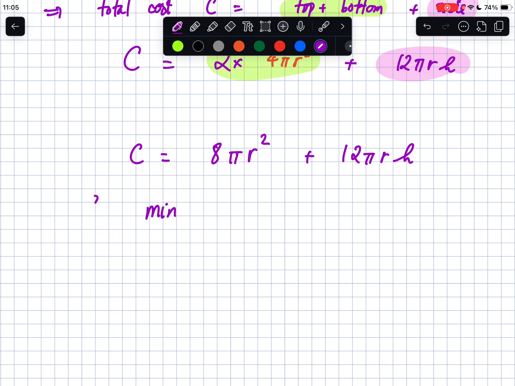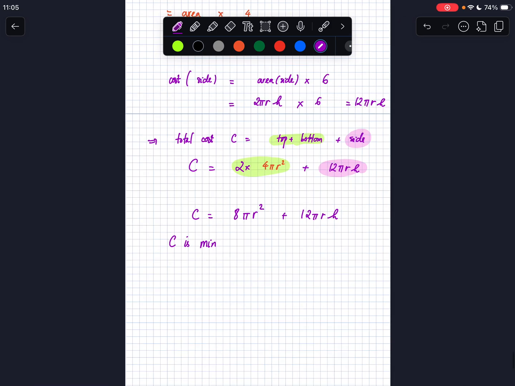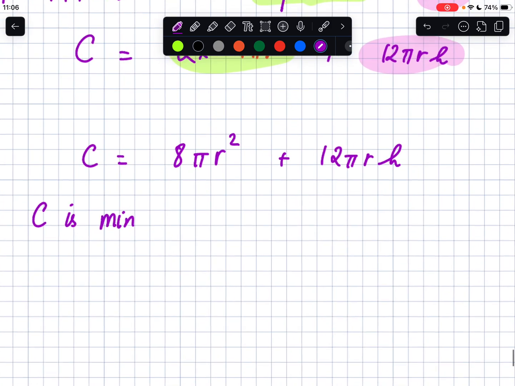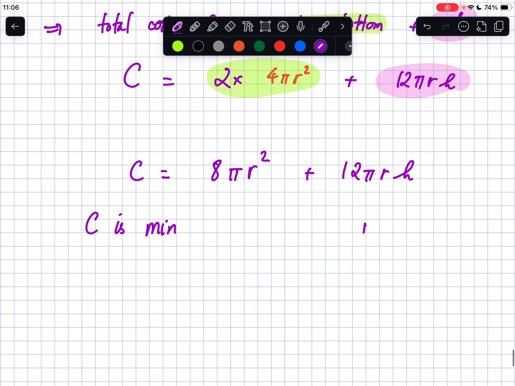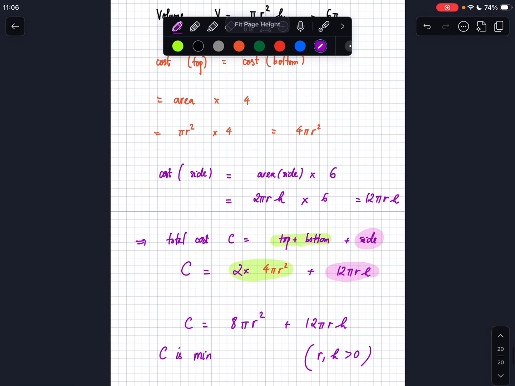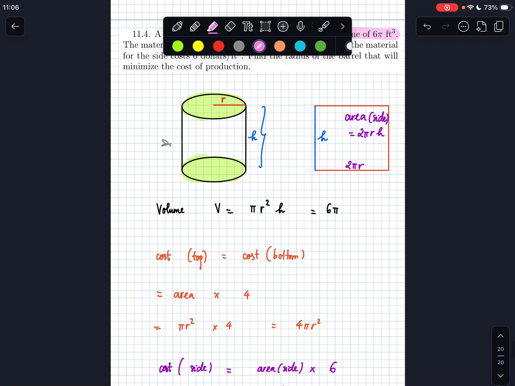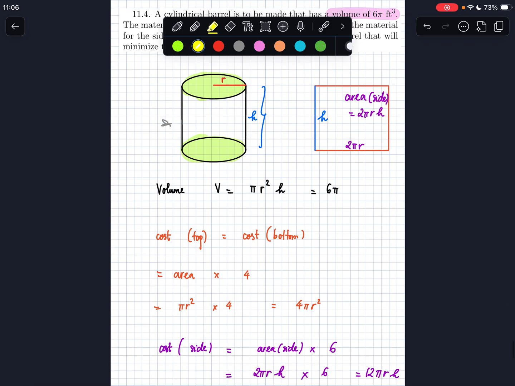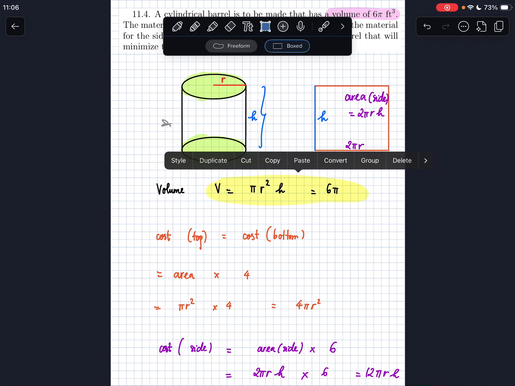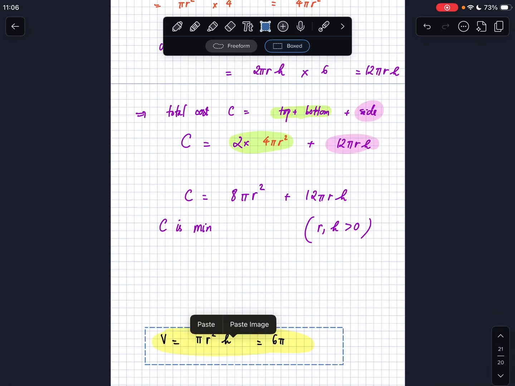C is to be minimized, and you see that our radius and height need to be positive. Let's see the relation we have up here. The relation, the volume equal to this. We use this to write one variable in terms of the other.